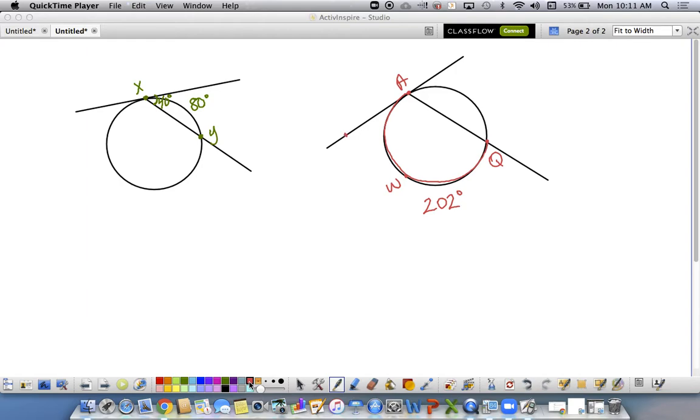I probably need another letter too. And I ask, what is the measure of angle QAC?